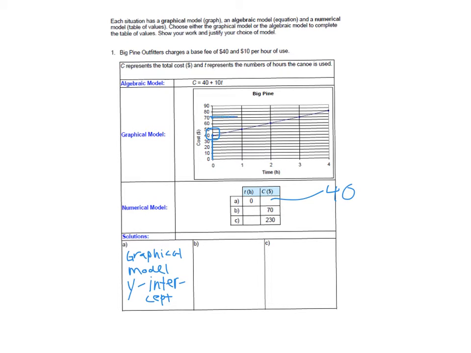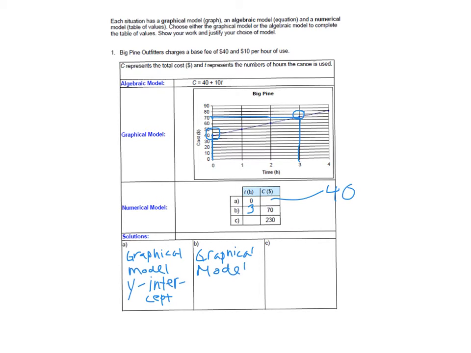I would go straight across, and I would see that it's right here at 3. So my answer here would be 3. And again, I could write in here graphical model. Right, and I've drawn my lines on my graph to show my work.